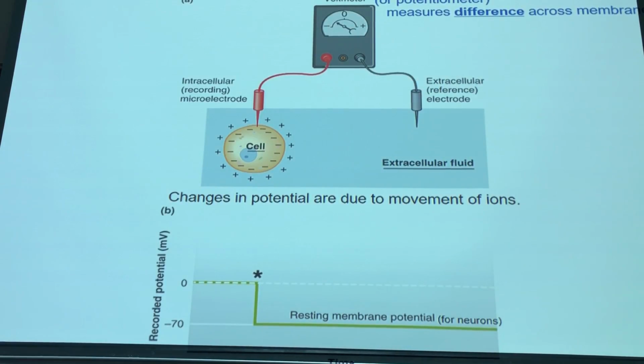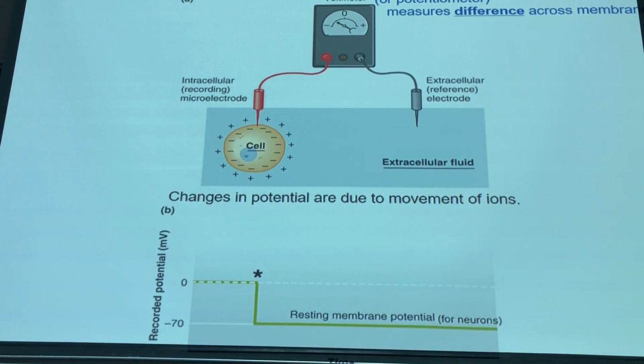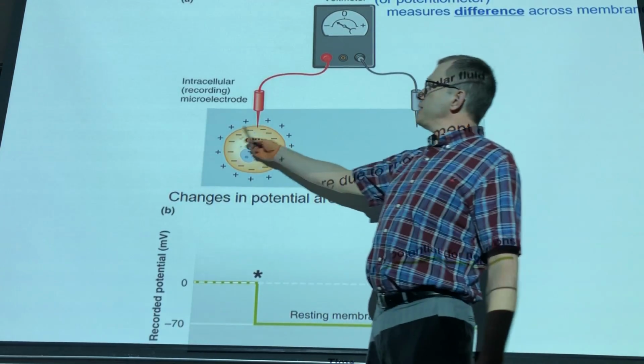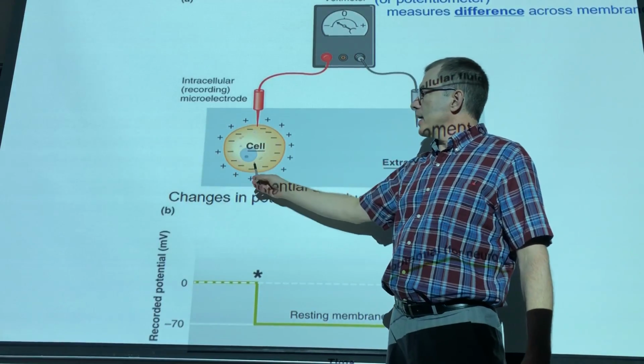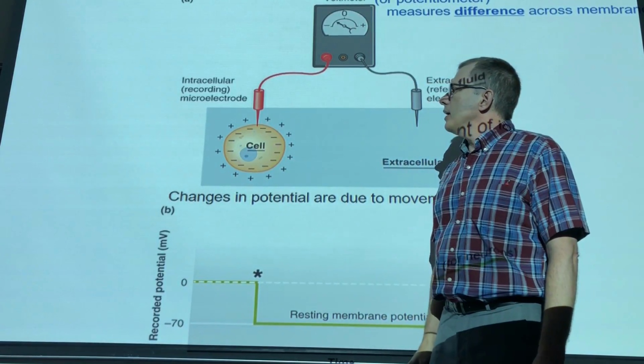So now we're going to the resting membrane potential. Okay, so this is very similar to that one slide I showed you in chapter 4, that we had an intact, unstimulated cell. If you remember, it had a nucleus.